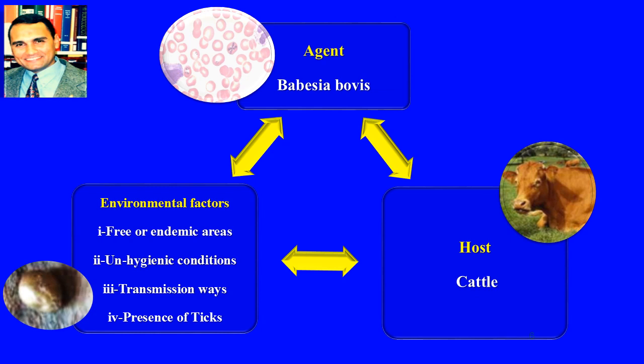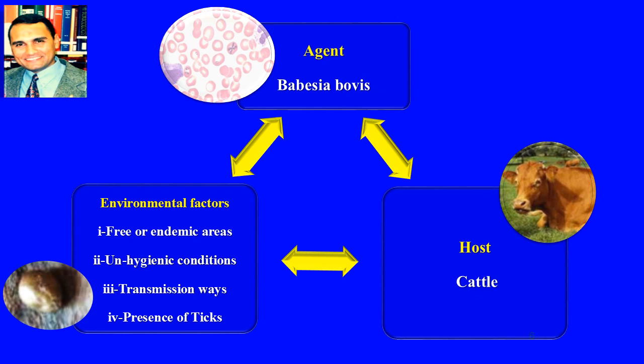Also, unhygienic conditions. The presence of this tick in a cattle farm or on an individual animal is due to unhygienic conditions, as the owner of the farm or of this cattle did not get rid of the tick.